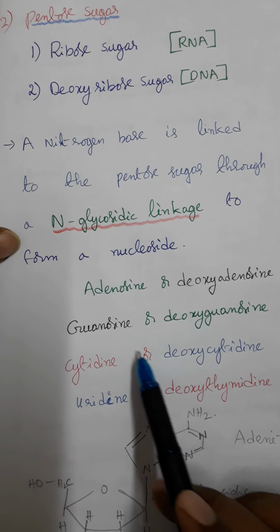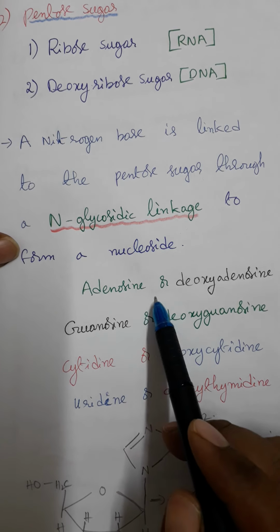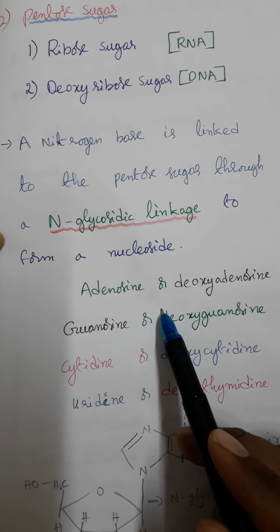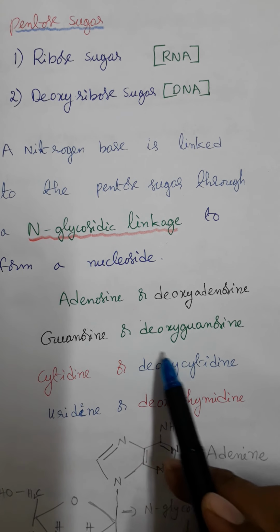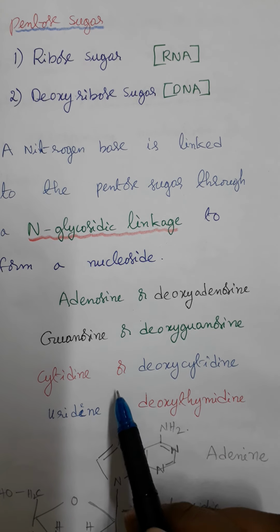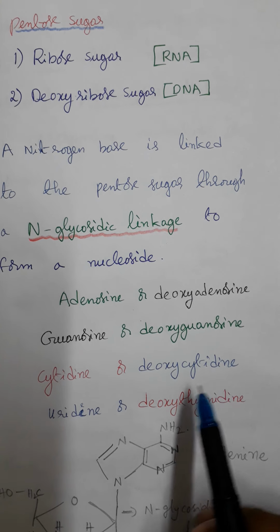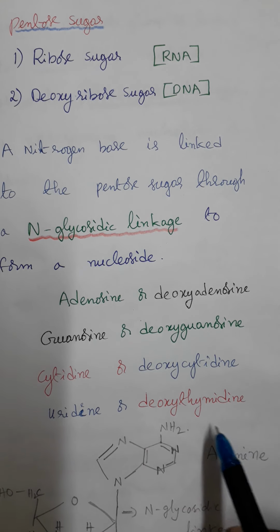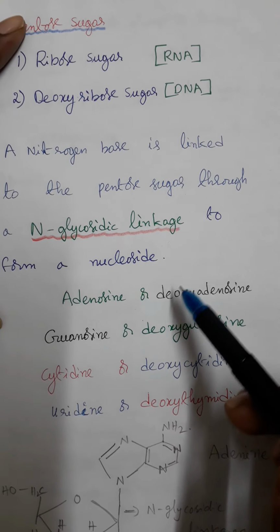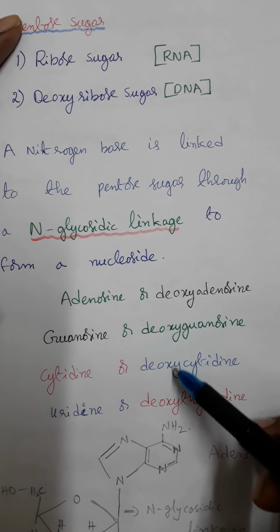Nucleosides: adenosine or deoxyadenosine, guanosine or deoxyguanosine, cytidine or deoxycytidine, uridine or deoxythymidine. So these are nucleosides in nucleic acids.